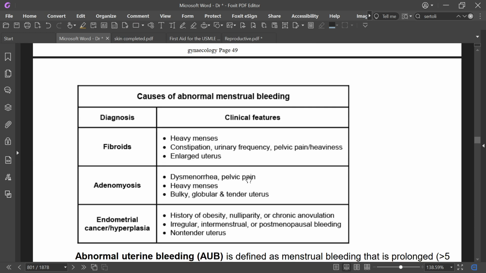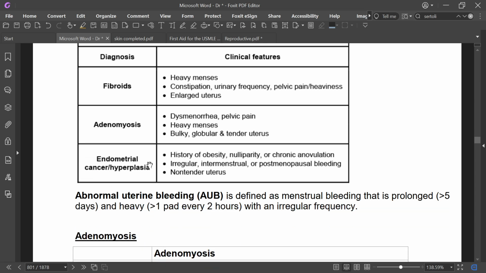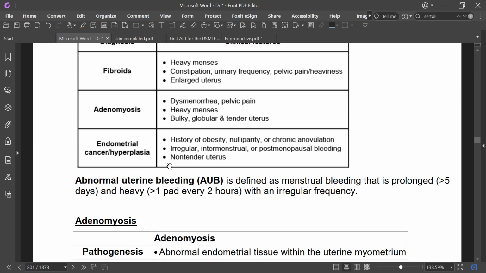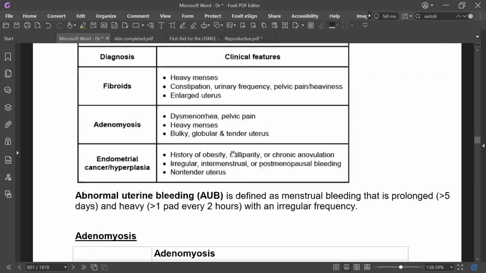Causes of abnormal menstrual bleeding: fibroid, adenomyosis, and endometrial cancer. In abnormal uterine bleeding, there is the PALM-COEIN classification: polyp, adenomyosis, leiomyoma, malignancy, coagulopathy, ovulatory dysfunction, endometrial, iatrogenic, and not yet classified.